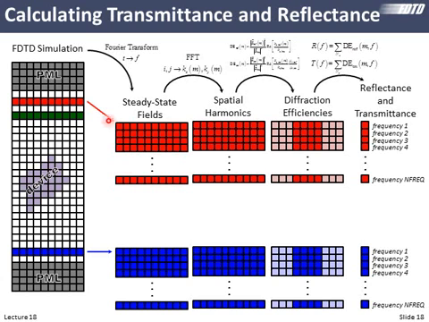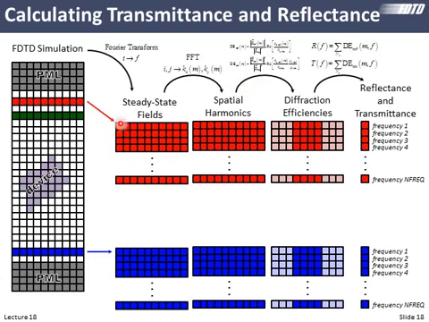And what we'll do during the simulation, we'll be calculating the steady state field in the cross-section of the grid at frequency 1, at frequency 2, at frequency 3, at frequency 4, and so on, up to potentially hundreds of frequencies. And we do the exact same thing on the transmitted side. So these arrays, this one right here, called steady state fields, these are calculated during the simulation. At this point, the simulation is finished, and we're post-processing from this point to the right.